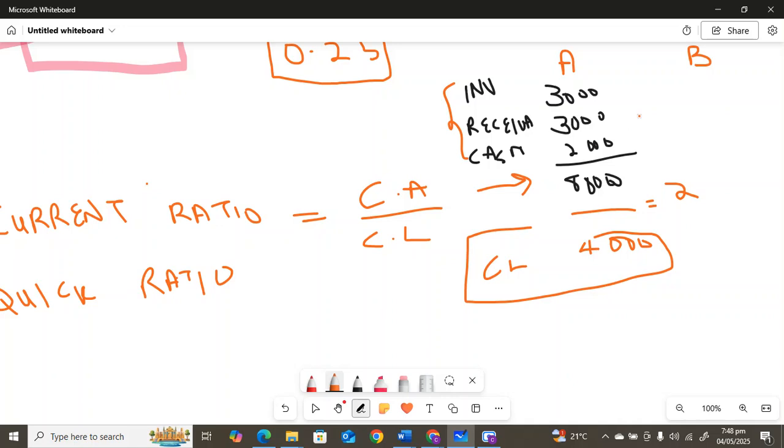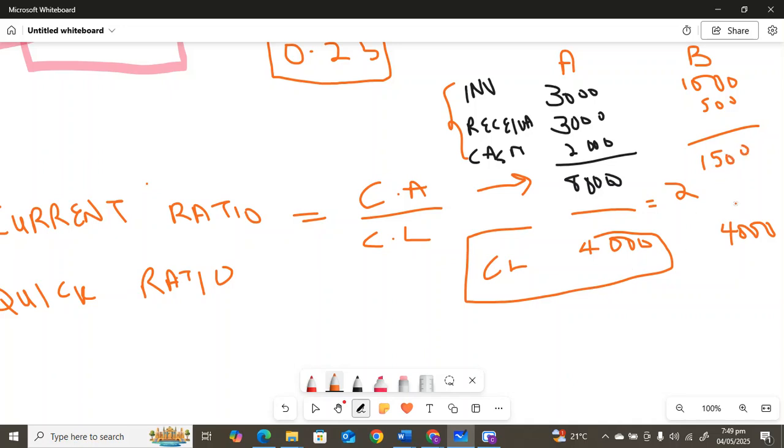Now let's look at company B. Let's say they also have current liabilities of 4,000. Current assets, let's say inventory 1,000, receivables 500. Let's say they don't even have any cash. Total current assets 1,500.